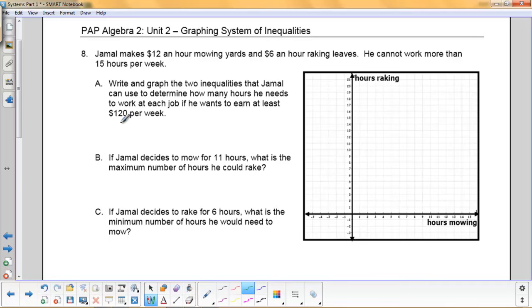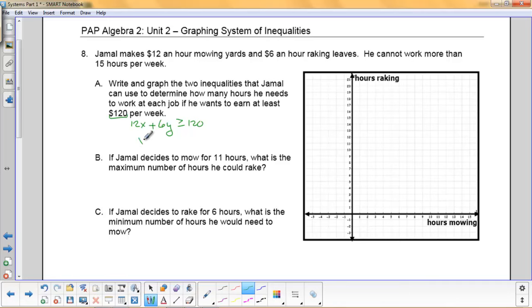So we're going to write a couple of equations here talking about this person's mowing and raking leaves job. All right? So we'll go ahead and write our first equation as 12x plus 6y must be greater than or equal to $120 because he wants to earn at least $120 per week.